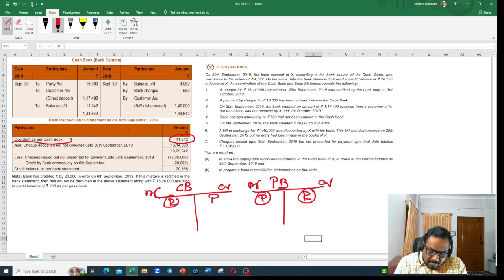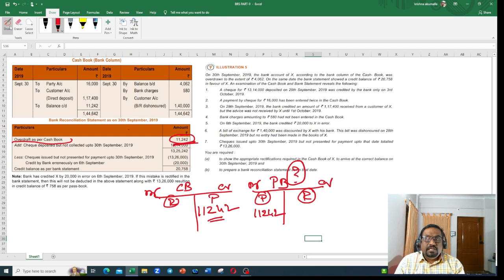Since we have taken the adjusted cash book balance 11,242, that is a liability. So 11,242 we will write on the credit side of the cash book, and we need to put a question mark on the passbook. Why a question mark on the passbook? Since we have taken the base as the 11,242 cash book balance, you need to put the same balance here, 11,242, and put a question mark on the passbook.